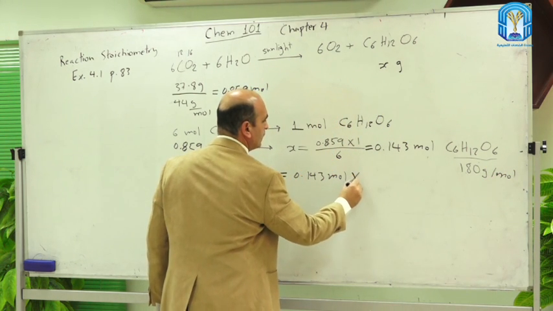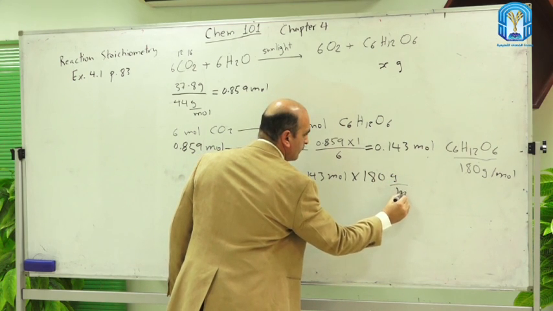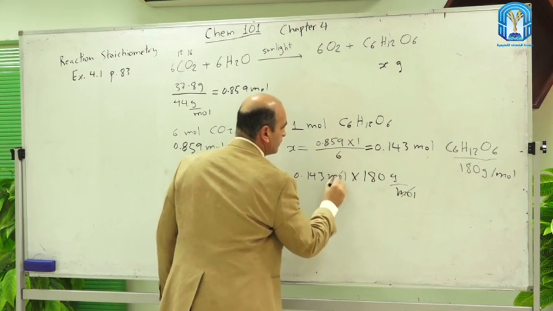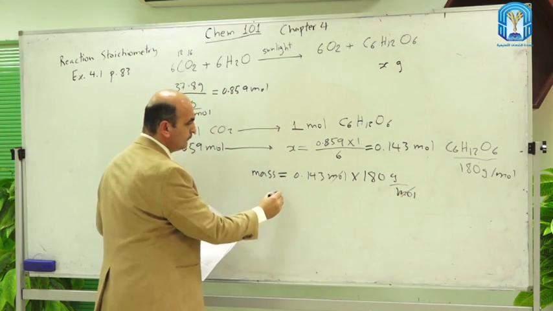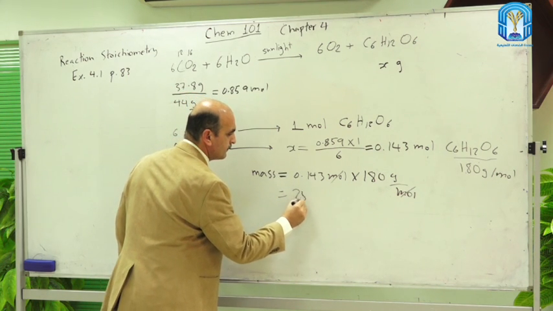So times 180 grams per mole. And this is equal to 25.8 grams.